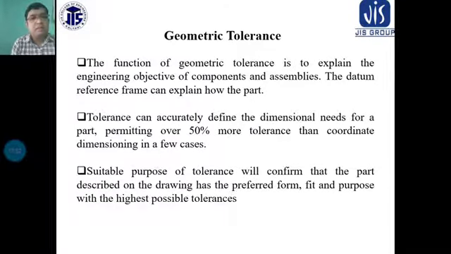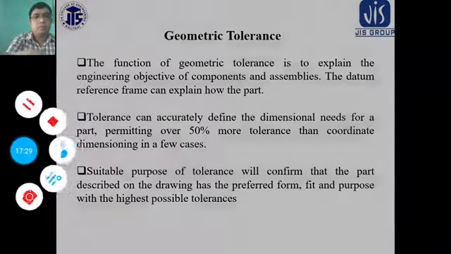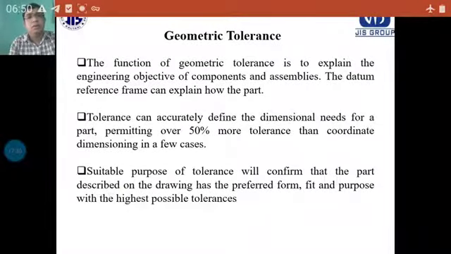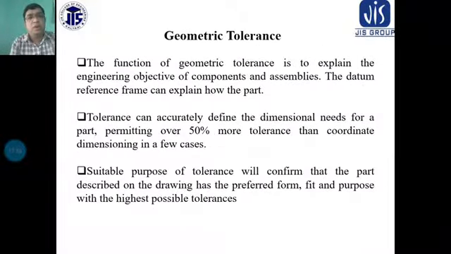Another consideration is the geometric tolerance. The function of geometric tolerance is to explain the engineering object of components and assemblies. The datum reference frame can explain what the tolerance is and how the parts are given this tolerance.